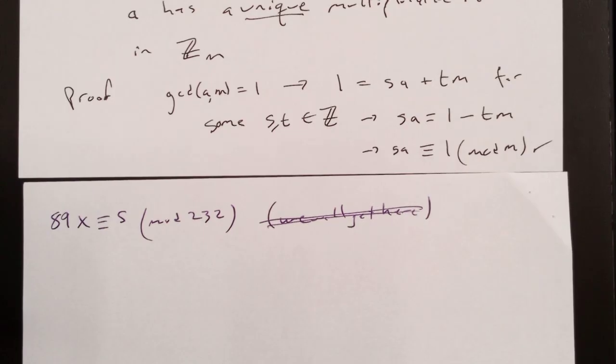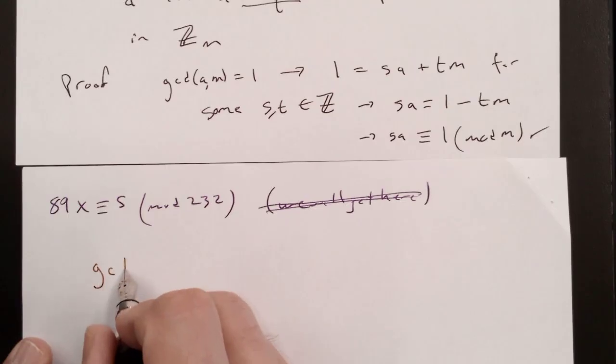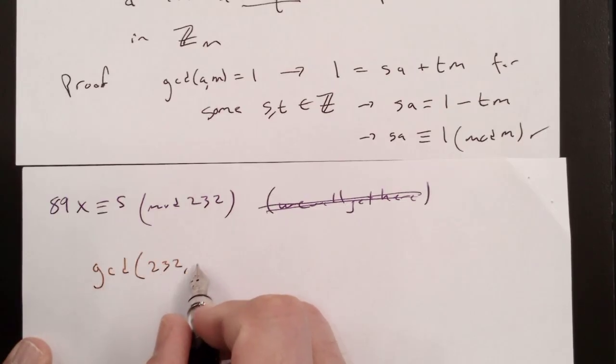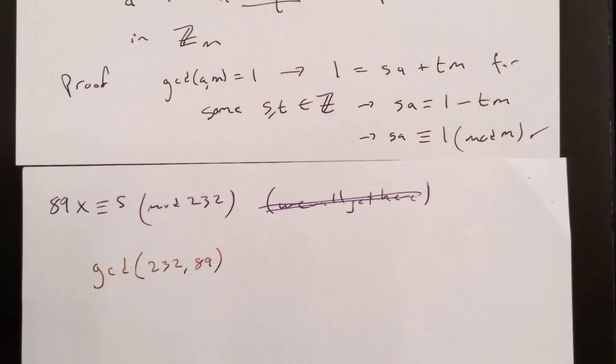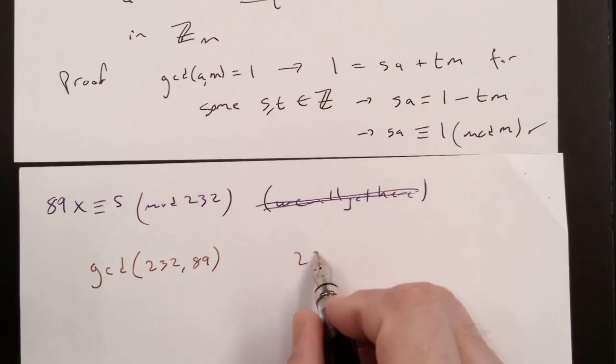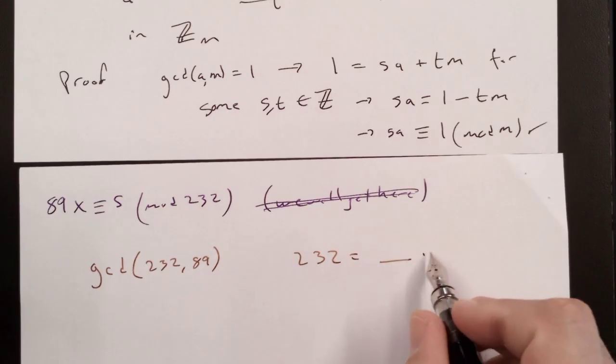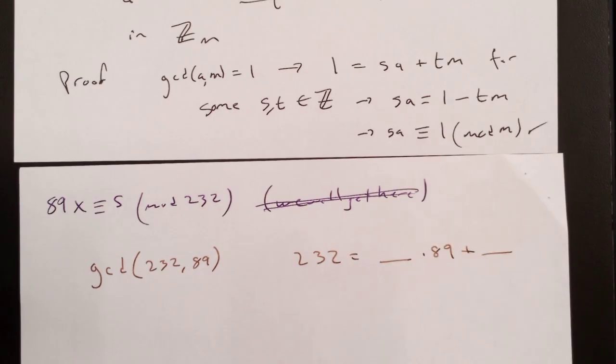Here we go. I need the greatest common divisor of 232 and 89. Time to start dividing. Get out your calculators. Let's rock and roll.